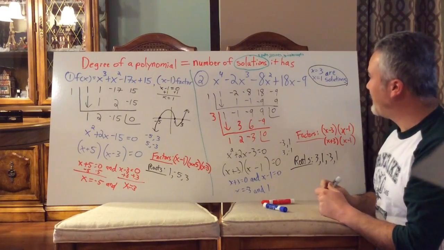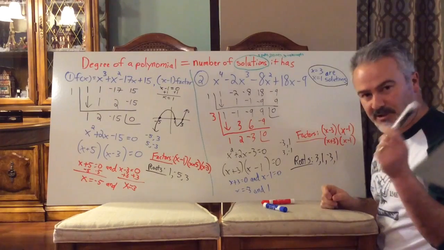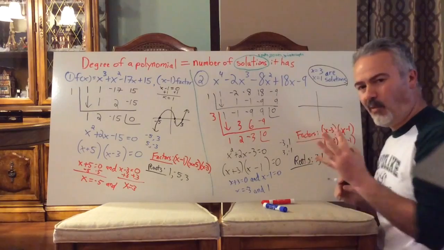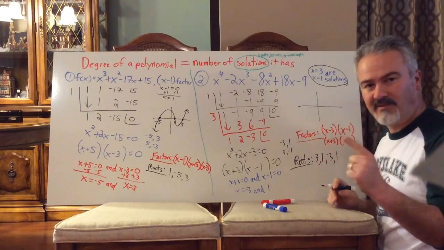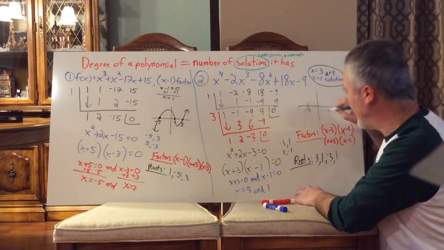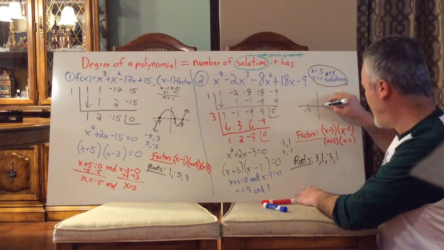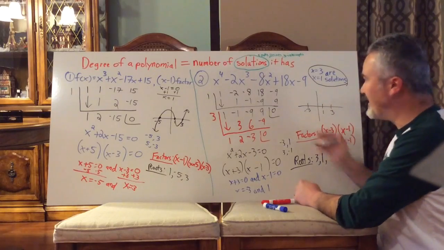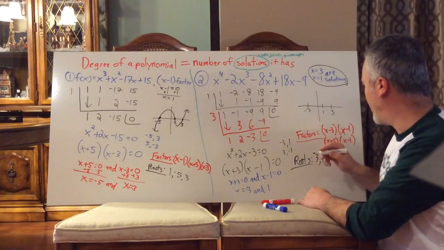All right, so this one is interesting. This is a degree of 4. It has 4 real solutions, but one of them is repeated. So if I go to negative 3, we can go to 1, and we can go to 3. It's positive, so it's going to start by opening upward.